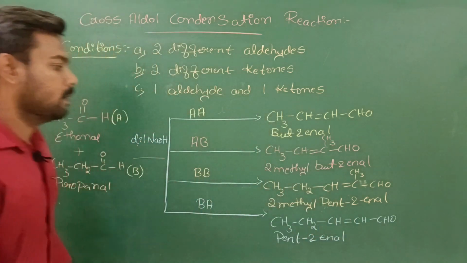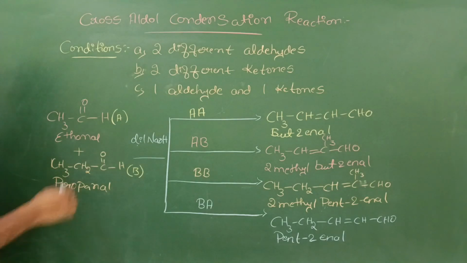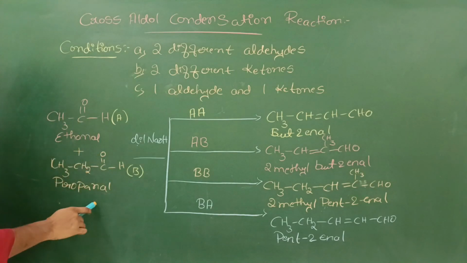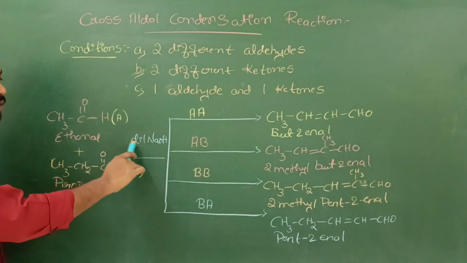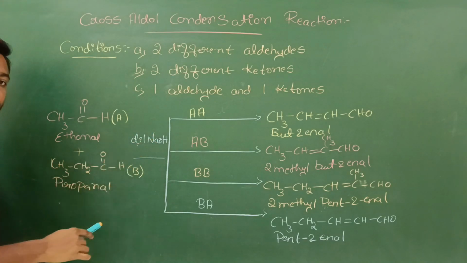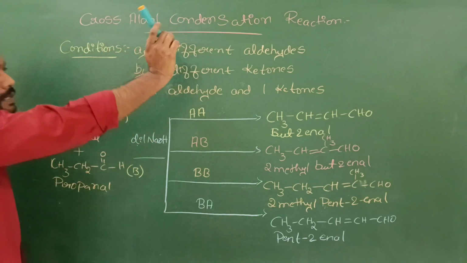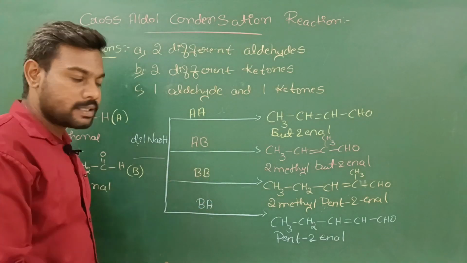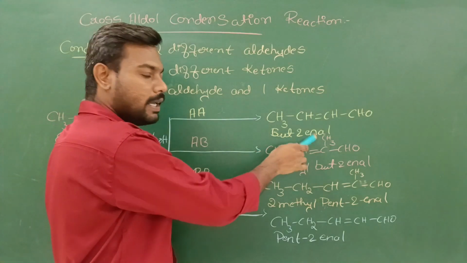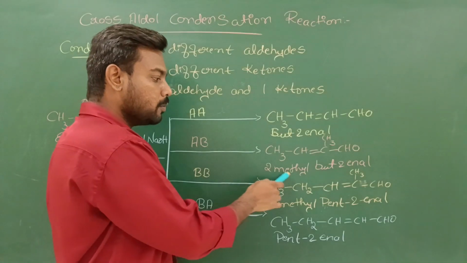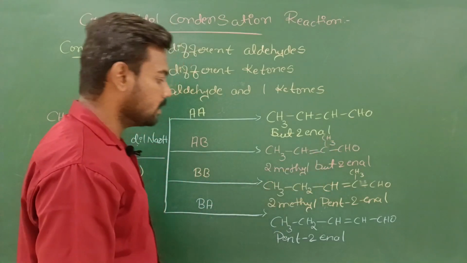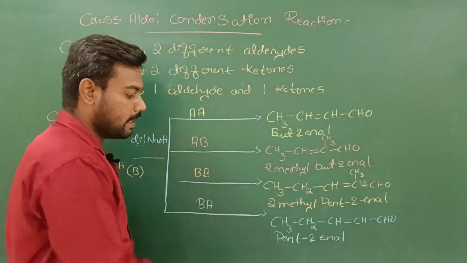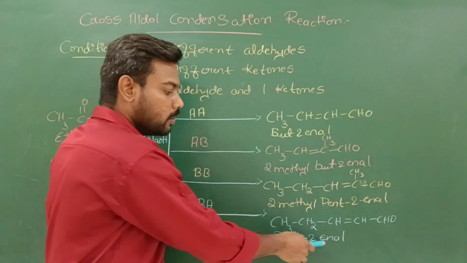Listen here. When ethanol reacts with propanol in the presence of dilute sodium hydroxide, it undergoes cross Aldol condensation reaction to form four different products: but-2-enal, 2-methyl but-2-enal, 2-methyl pent-2-enal, and pent-2-enal.